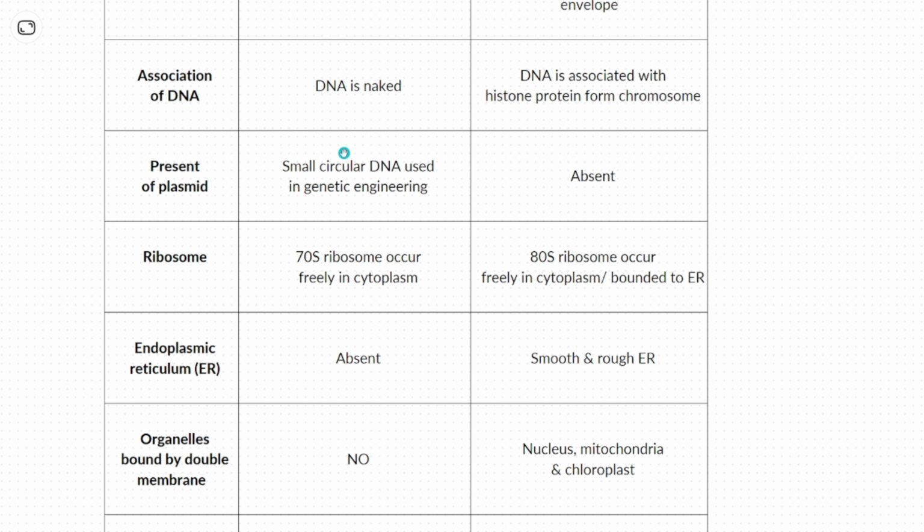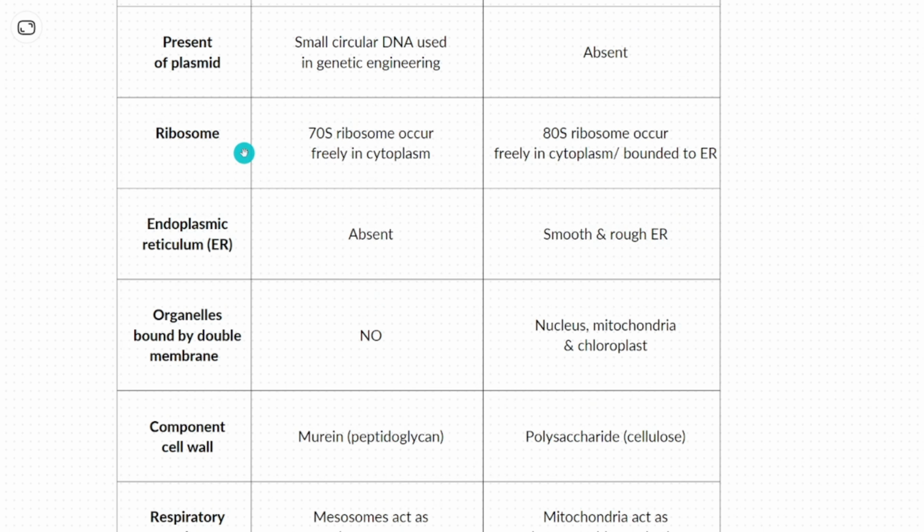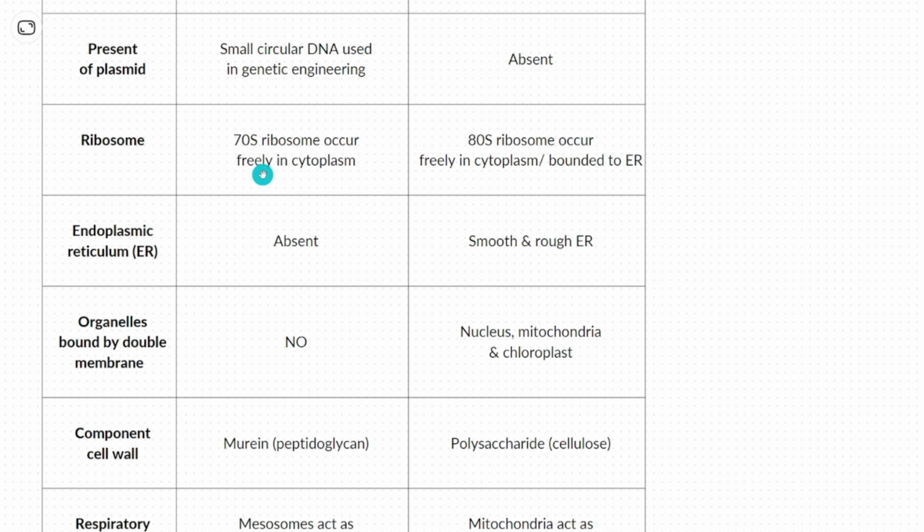Normally prokaryotic contains a plasmid, but eukaryotic does not contain a plasmid. This plasmid is one of the major characteristics in the genetic engineering process. And ribosome: although both of them contain ribosome, the type of ribosome is different. In prokaryotic it is 70S ribosome. In eukaryotic it is 80S ribosome.